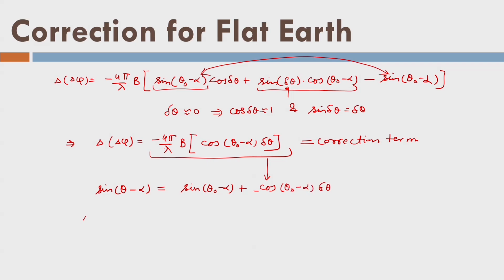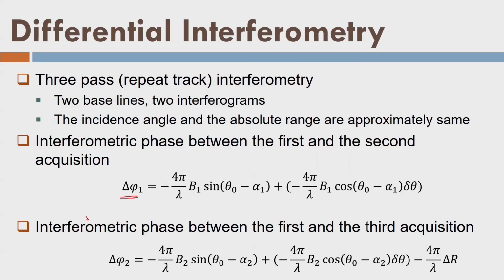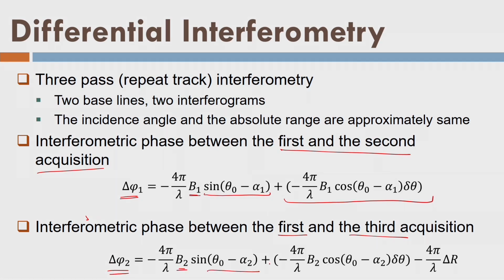I hope you agree with that, and so I can write the phase for the first and second acquisition with baseline B1, and so I have sin theta 0 minus alpha 1 plus this correction factor here. I hope you agree with that. Similarly, for the first and the third acquisition, I can write this term with baseline B2 and this one, alpha 2 angle here and this one.